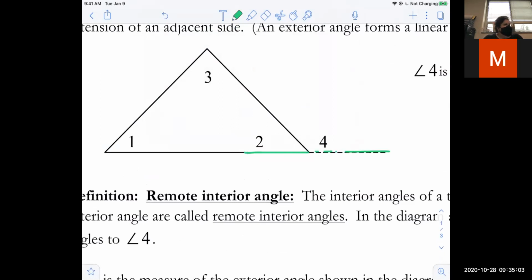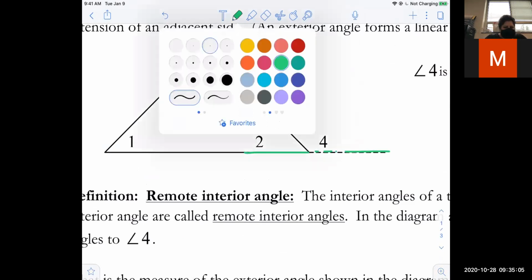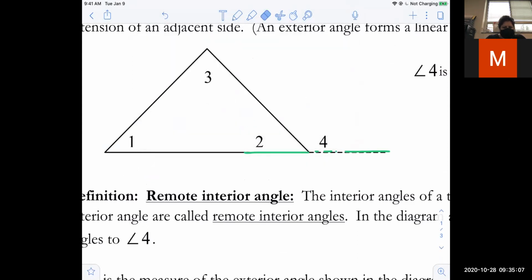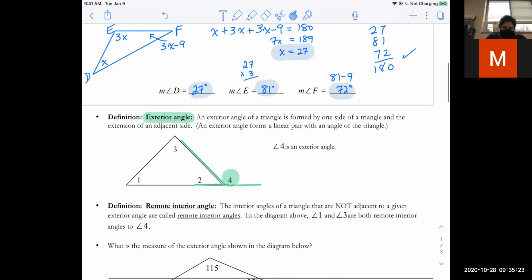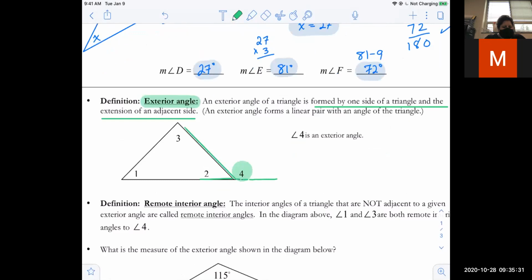If you use a current side of the triangle along with that extension, so here's our extended side, and here's the other side that we're using, that creates this angle out here that's called an exterior angle. Okay, the definition of exterior angle is an angle that's formed by one side of a triangle and the extension of an adjacent side.